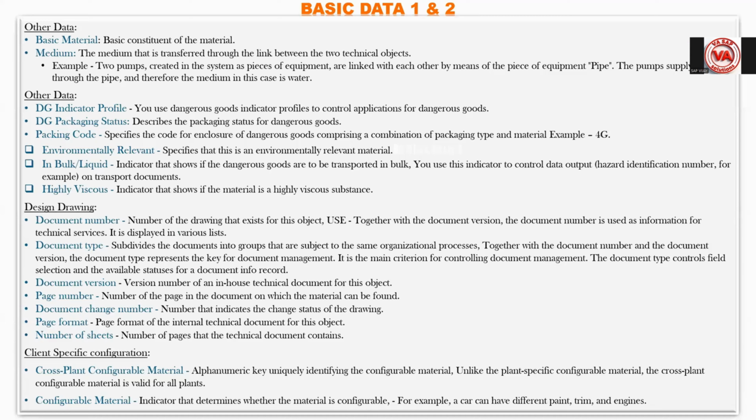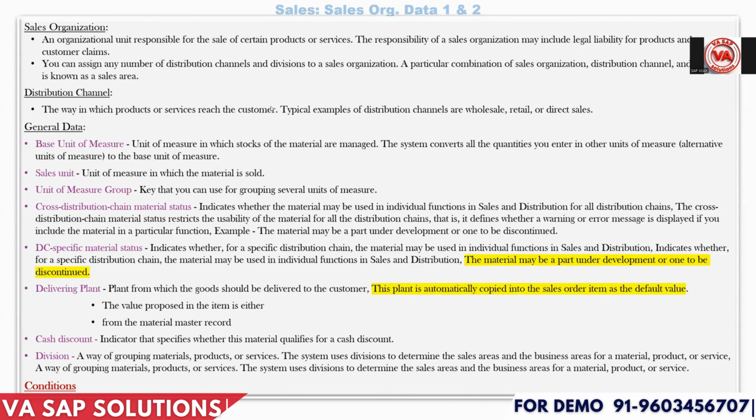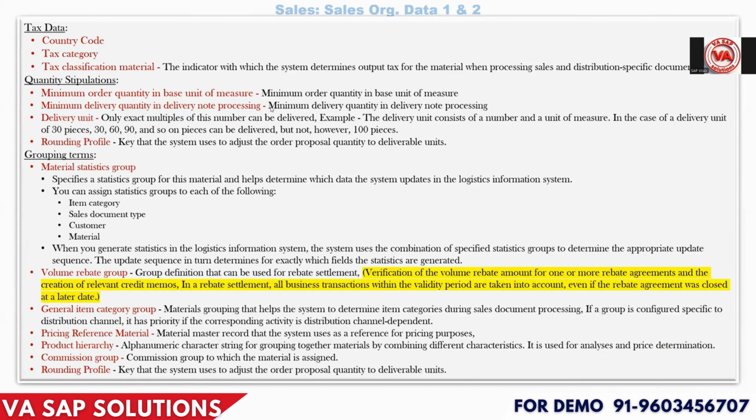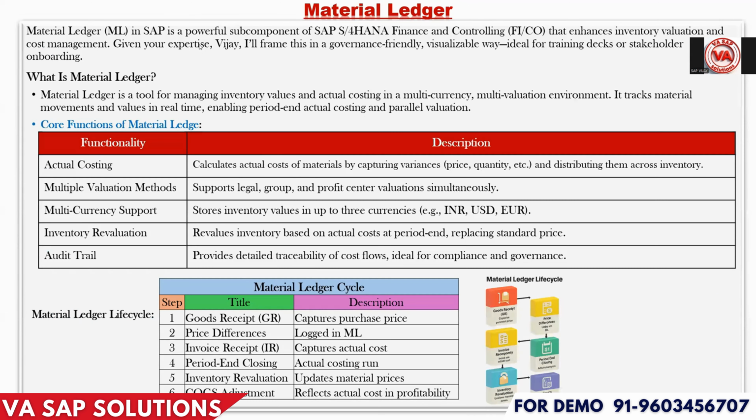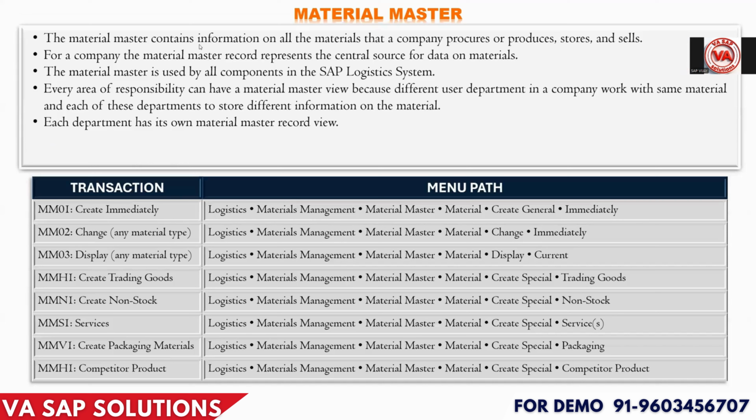The material master in SAP is the central data repository for all material-specific information required by a company for logistic processes such as procurement and production, inventory management and sales.